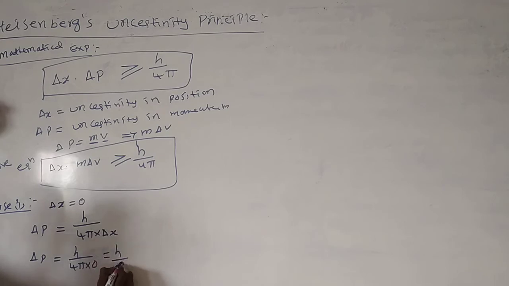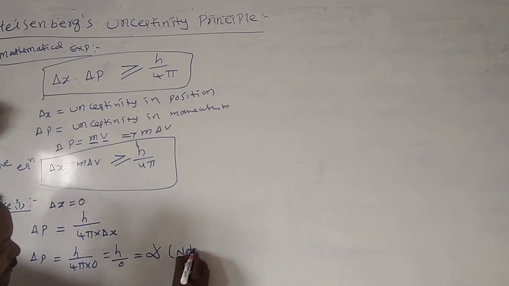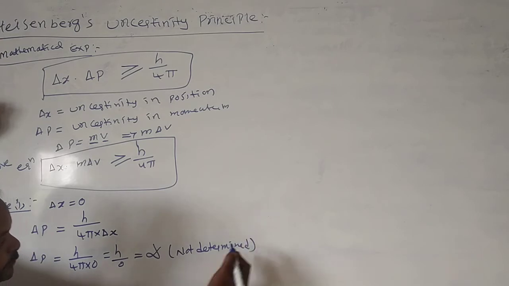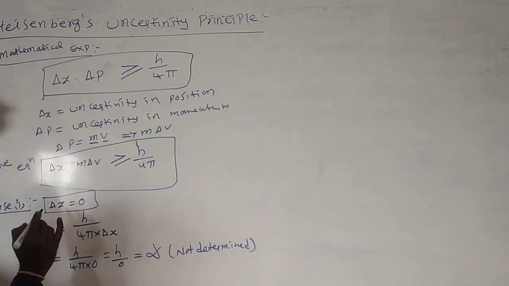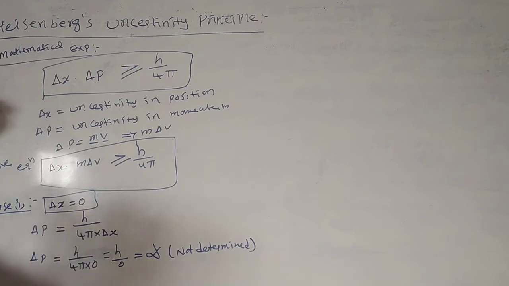Something by 0 is infinite. That means it is not determined. If you know the value of x, we can't determine the momentum. If you know the value of momentum, we can't determine the other.